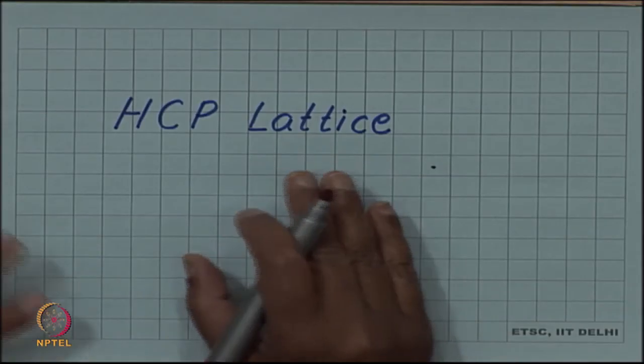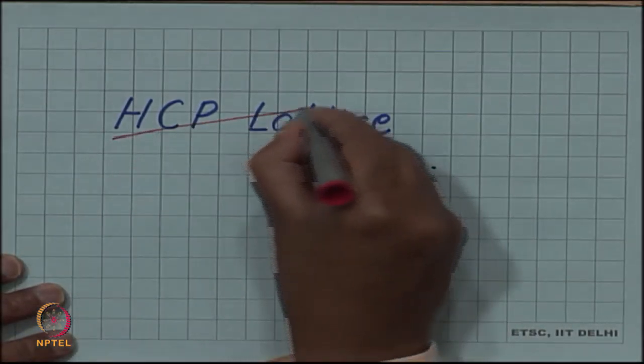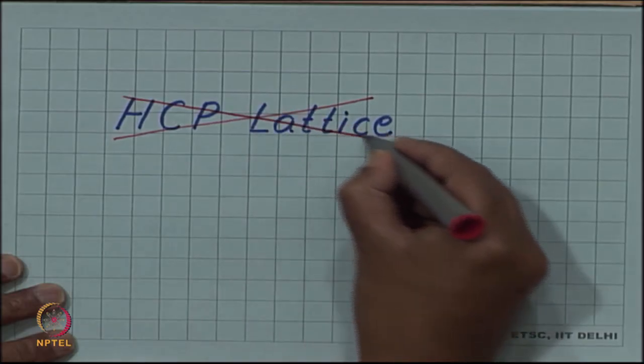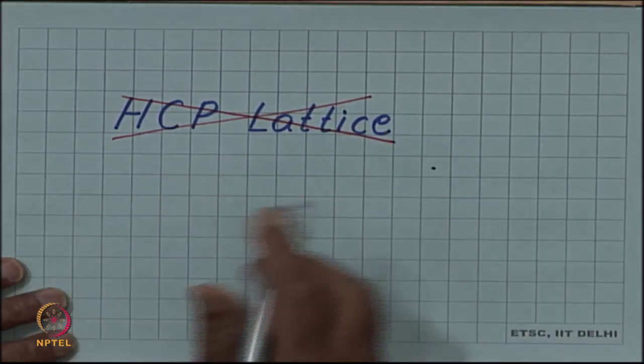So, we conclude by stating that the phrases hexagonal HCP lattice or hexagonal close packed lattice, these are very common phrases, but these are wrong phrases. If you have followed this video, you should not use HCP lattice.